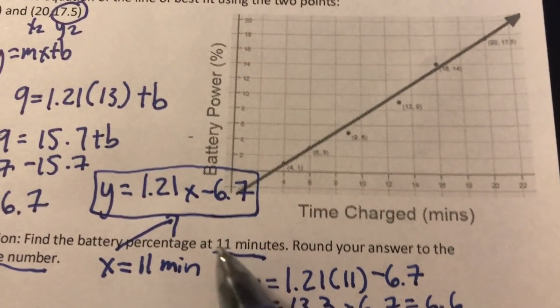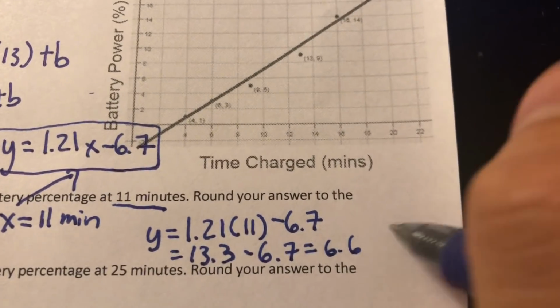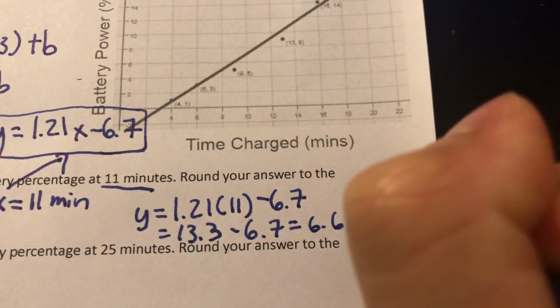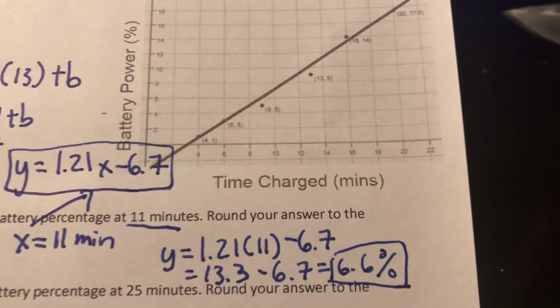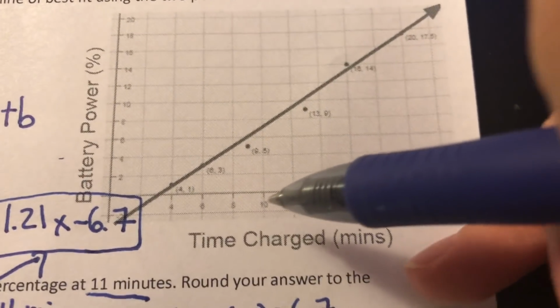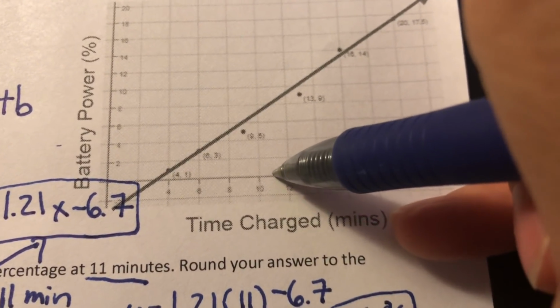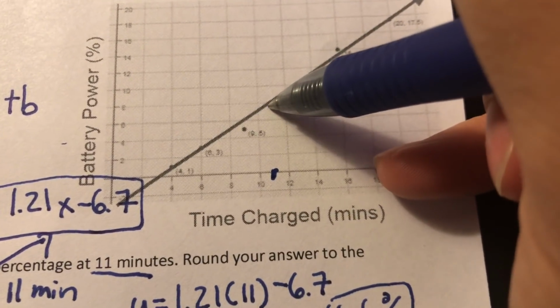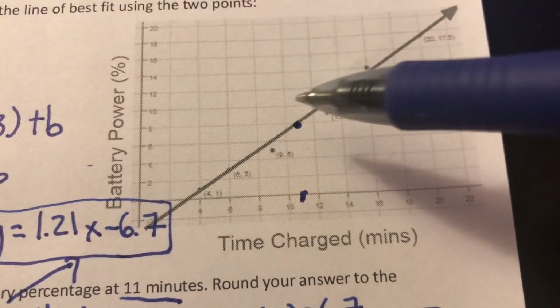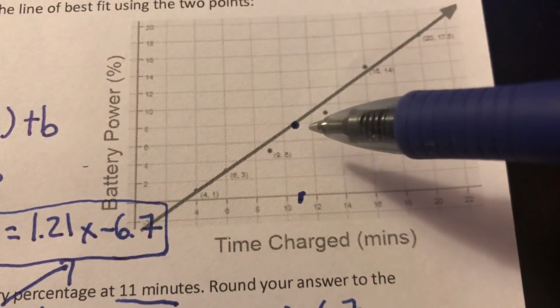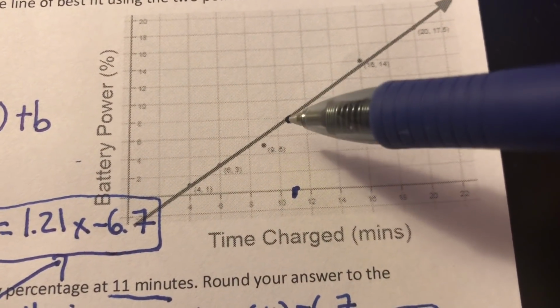That means that at 11 minutes, my phone percentage should be at 6.6%. Let's just double check with our graph and see if it makes sense. So here at 11 minutes, here's 10, here's 12. Right here on my graph, it should be around 8. So it's close, it's a little bit off, but it's somewhere around the vicinity.